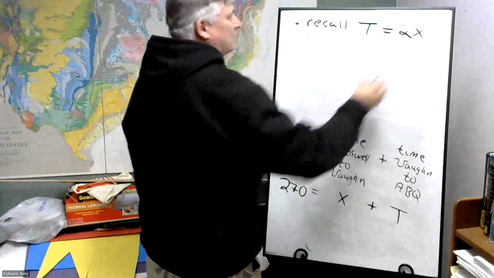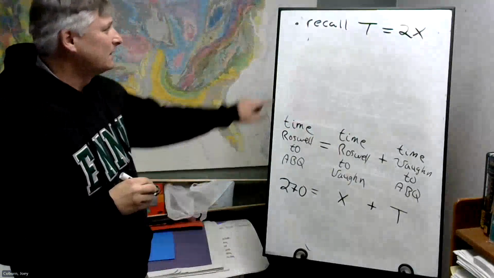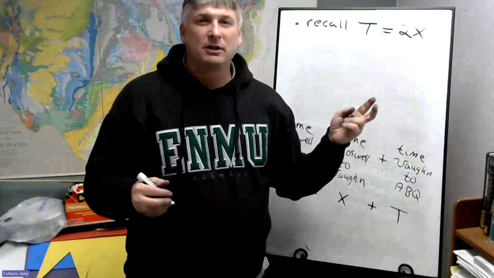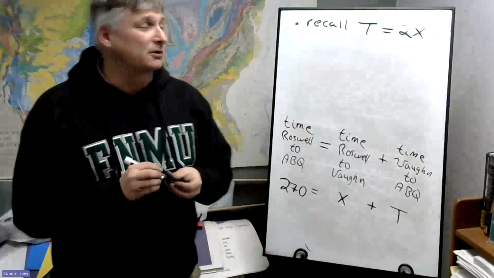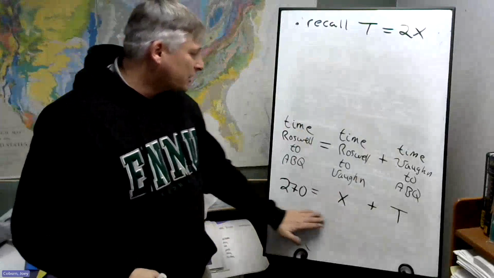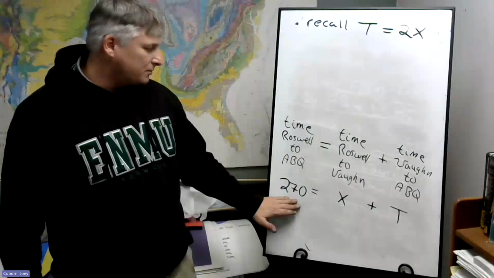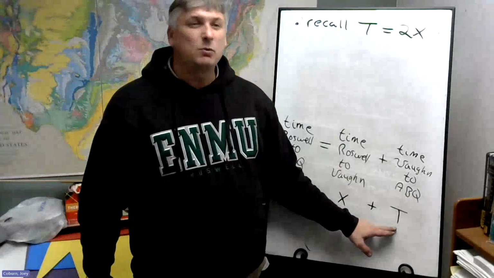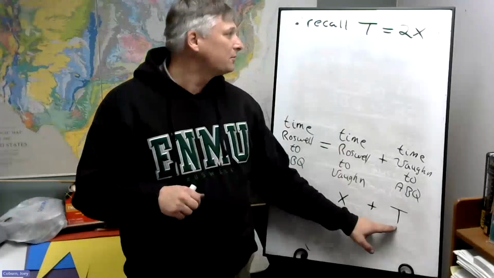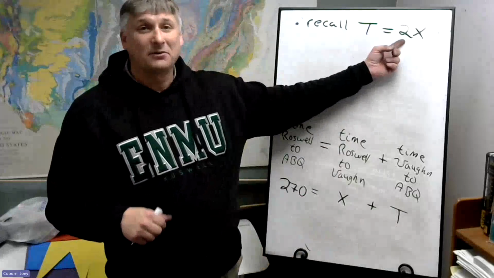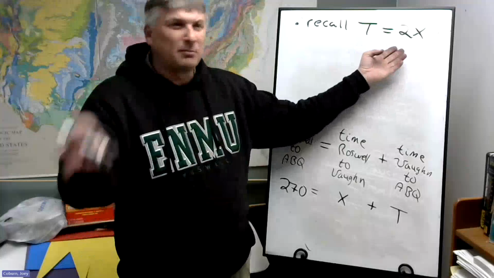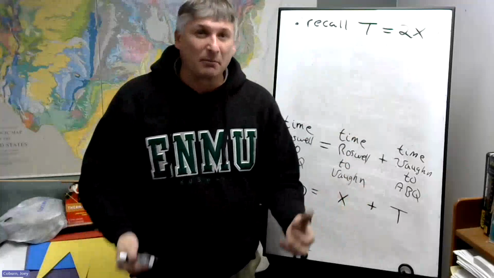T was 2x. That's why we want to express the other unknowns in terms of the fundamental unknowns. When we construct our equation, we'll have our known, our fundamental unknown, and then the other unknowns. We want to swap out the other unknowns for this. In this case, for us, it'll be 2x. In another problem, it might be something else, like 1.5x or something.